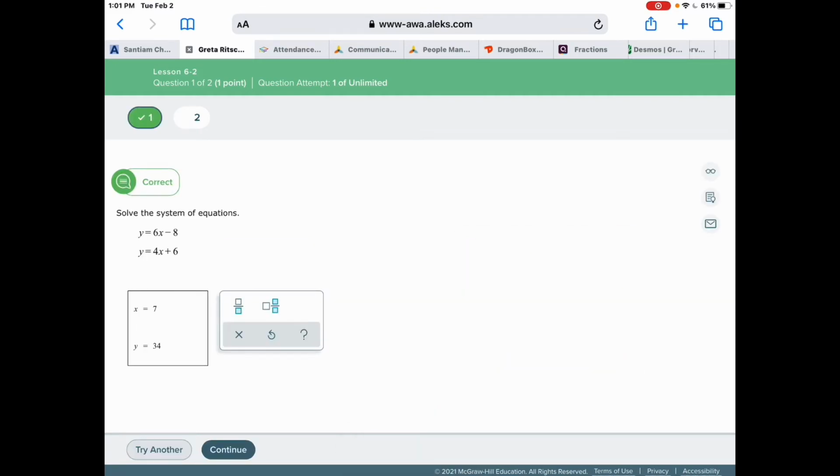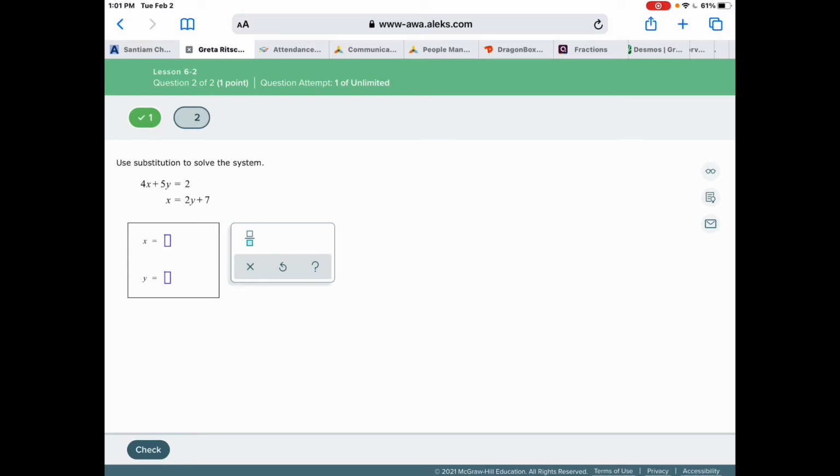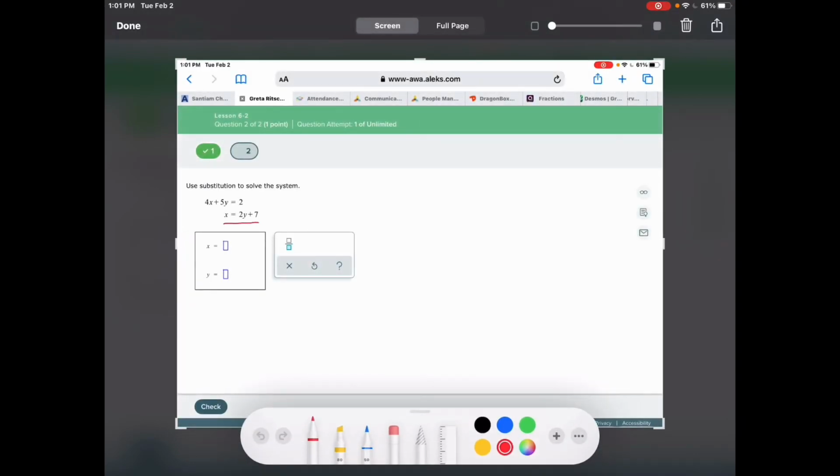All right, awesome. Let's do the second one. In this equation, I have 4x plus 5y equals 2, and I have x equals 2y plus 7. So the good news is the work for me has been done in this equation. Since I have x equals something, I can take this value and go to my other equation and plug it in instead of x.